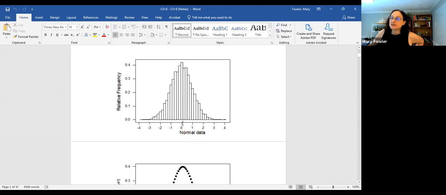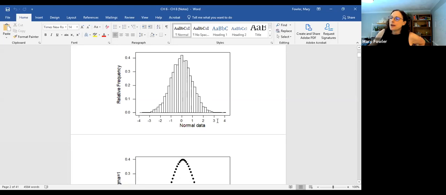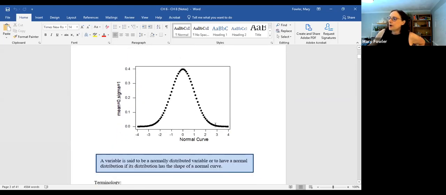So here's the mean of 0, and if I walk over 3 standard deviations, 1, 2, 3, that brings us to 3. Almost all my observations are within -3 and 3, and that is the picture that we see on the histogram. Here's a nice smooth curve of the normal distributional shape.